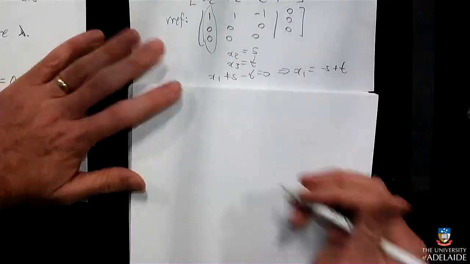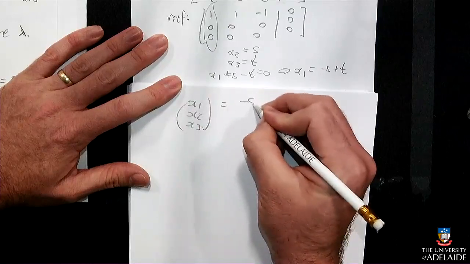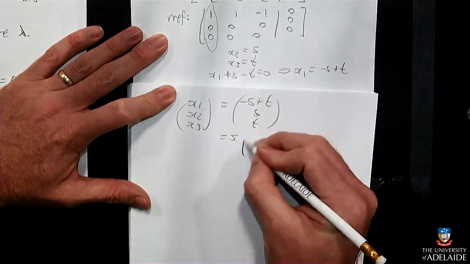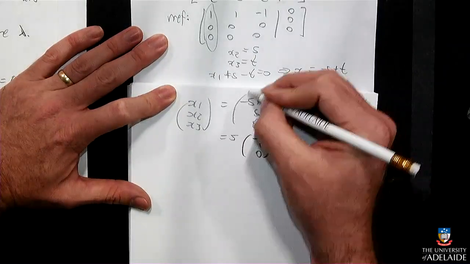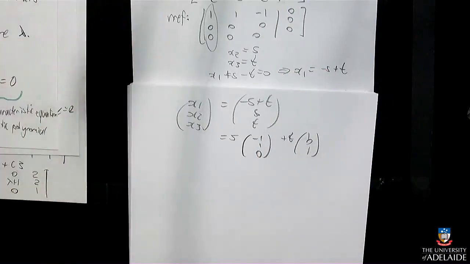And of course it went over to the next page. And so x1, x2, x3 is minus s plus t, s, t, which is s lots of minus 1, 1, 0, that's the s's, plus t lots of 1, 0, 1.